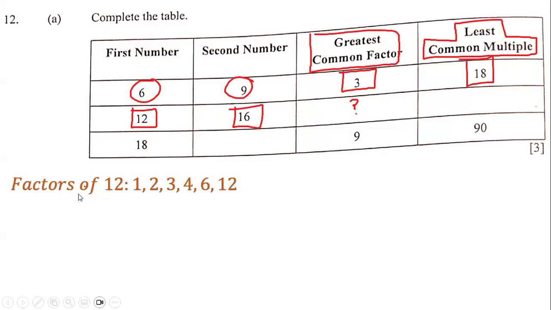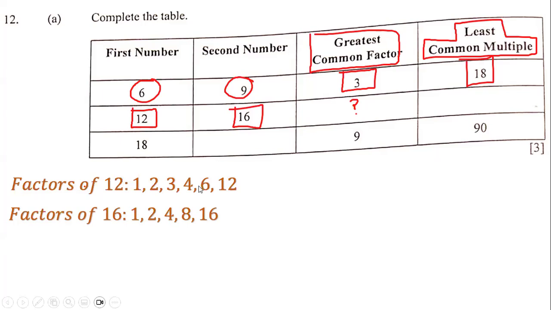Now, what are the factors of 16? 1, 2, 4, 8, and 16. So based on this, what is the greatest common factor? It has to be common in both.